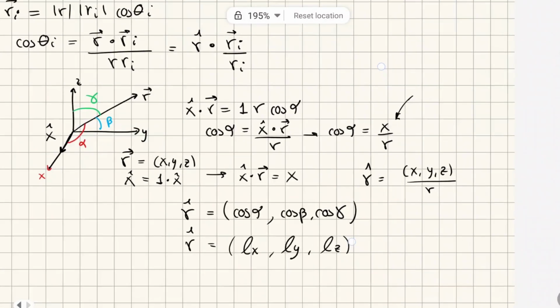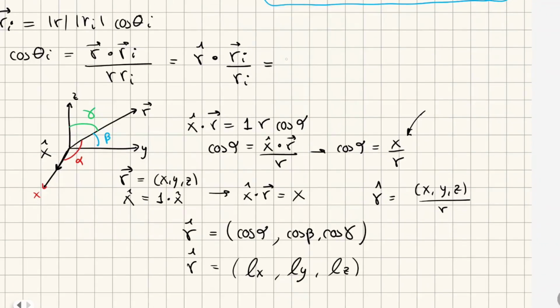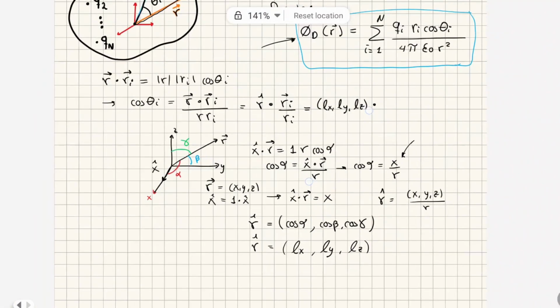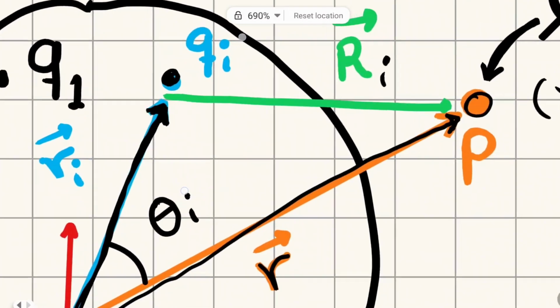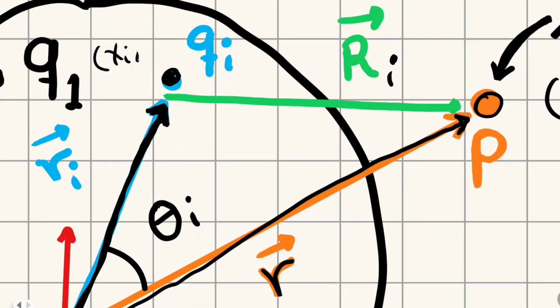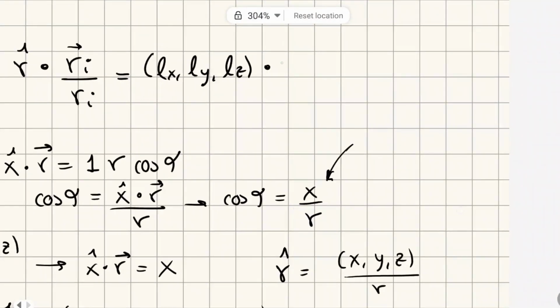If we take this concept and introduce it here, we are going to have Lx, Ly, Lz dot Ri, but Ri can be seen as a vector that has coordinates xi, yi, zi. So the components of Ri are those.